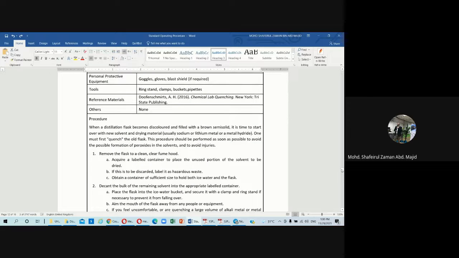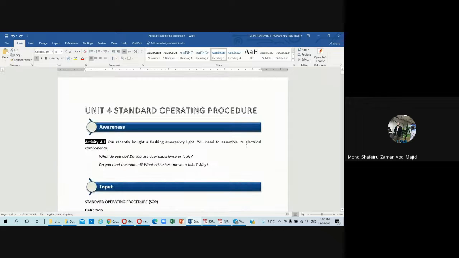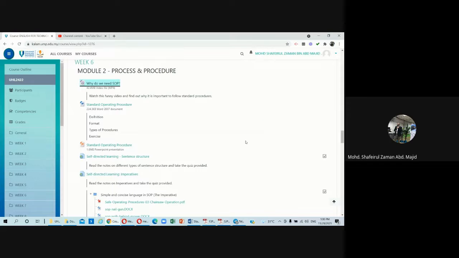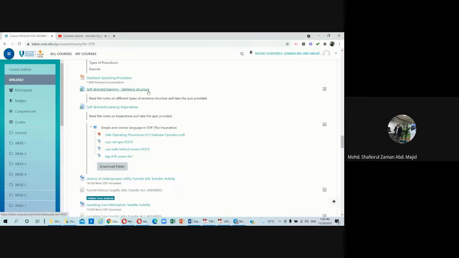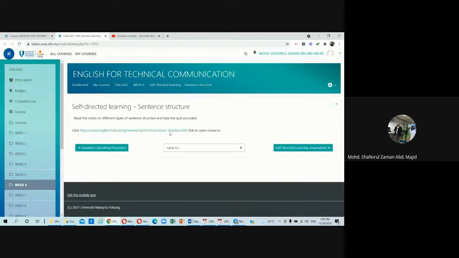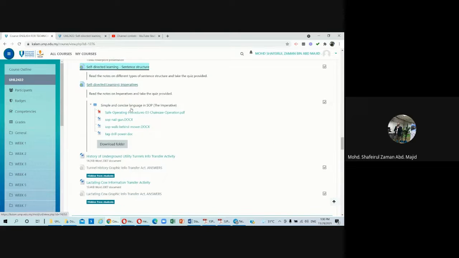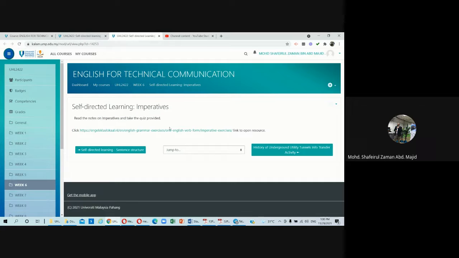Okay, so I believe I have covered everything over here, but just go through the remaining contents or sources that we have under week 6. For example, sentence structure, you can click on it and then you can do the activities here, all right? Or you can also click imperatives, and we have additional information notes plus exercises.